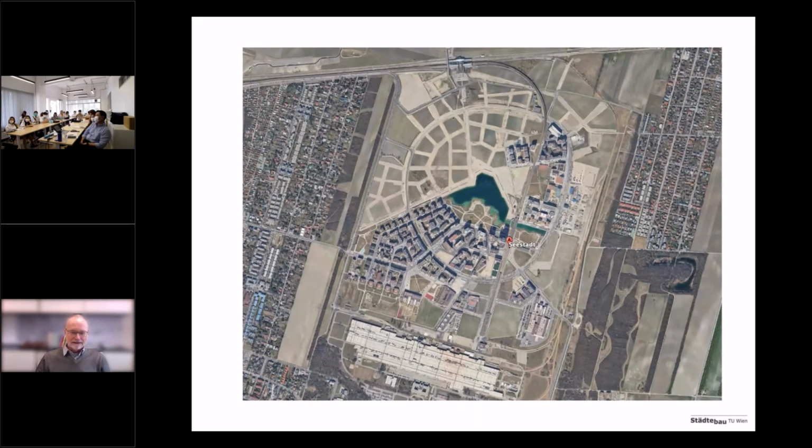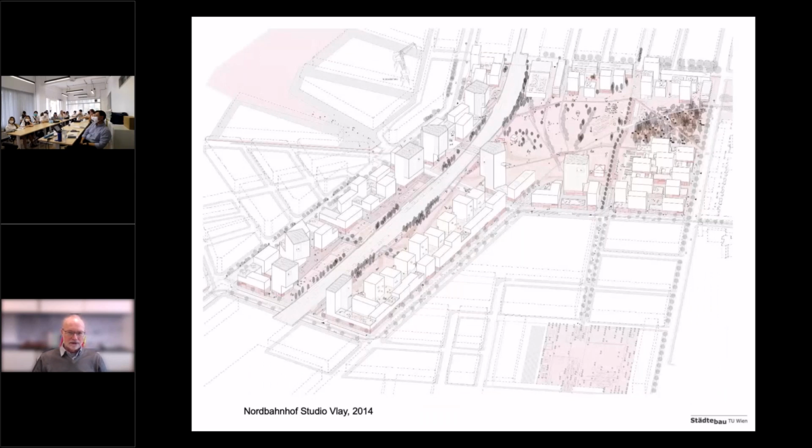A second approach, very similar to that one, but also with the big advantage of just one landowner, was a former train station. Besides this, in many, many cases in Vienna, social housing in the last decades happened on former train stations because of the reorganization of the Austrian railway system.